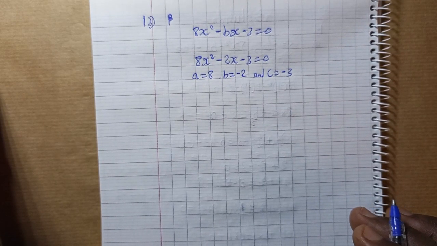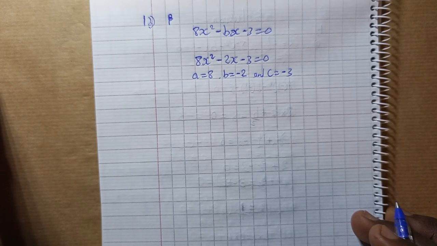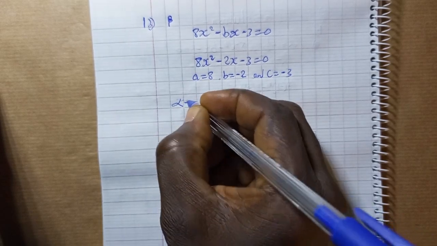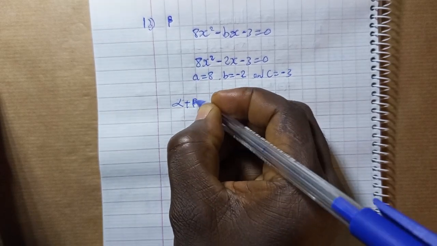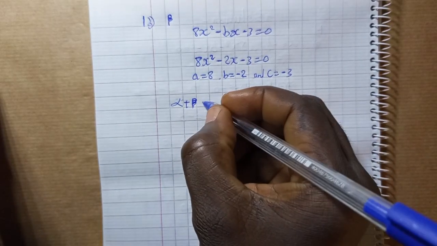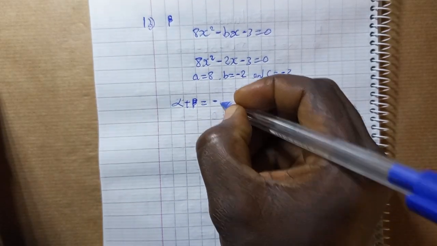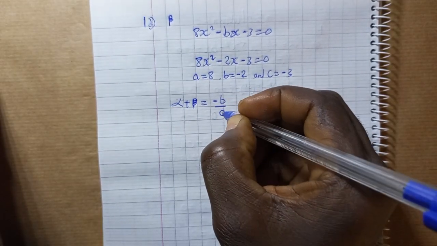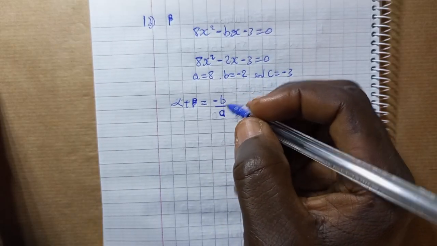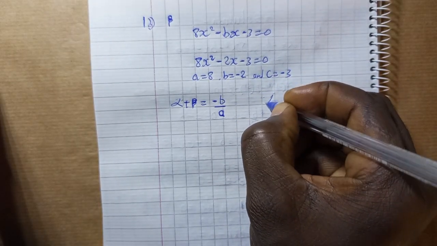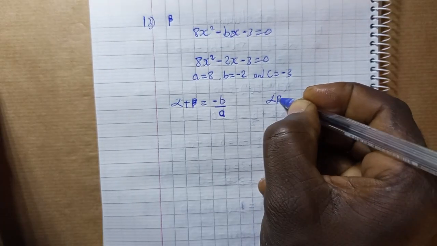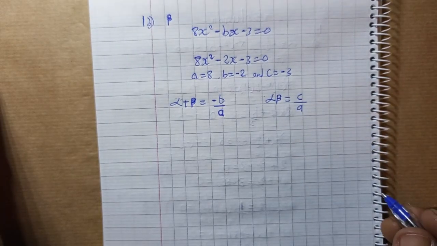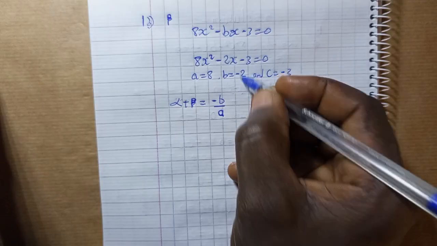Now using Vieta's formula, we can say that sum of roots is equal to minus b over a, and product of roots equals c over a. Now our b here is minus 2.